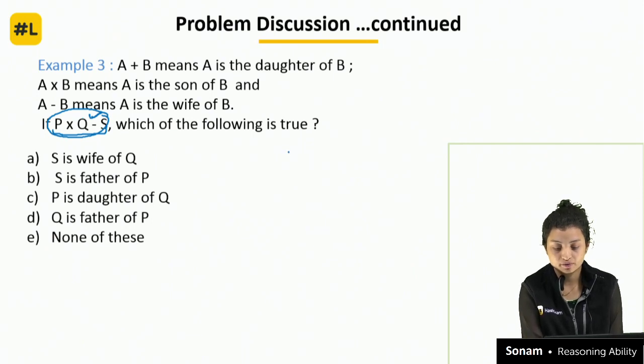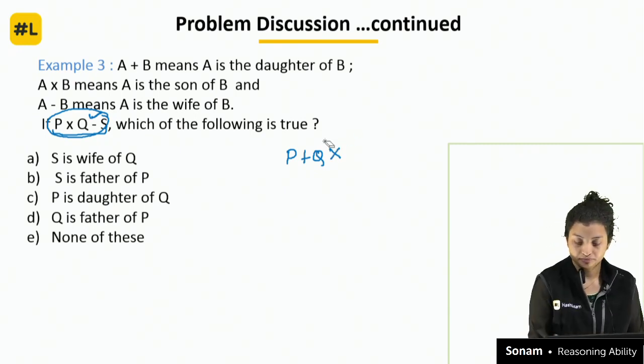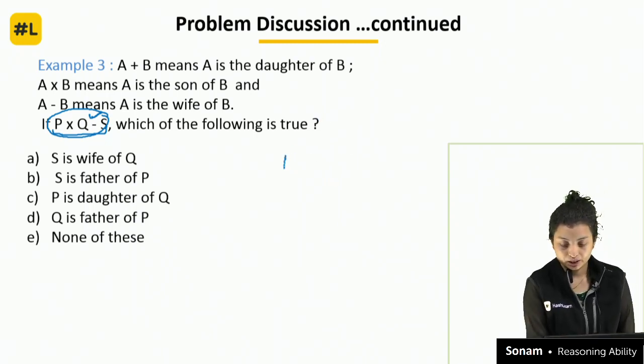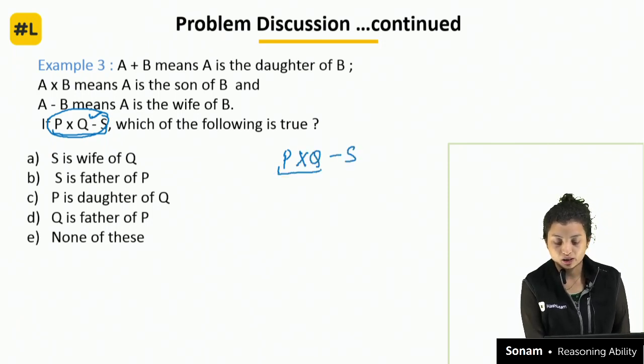Okay, let's start solving the expression. P into Q minus S. Sorry, I have written it wrong, wait a minute. P into Q minus S. Let's solve the first part.